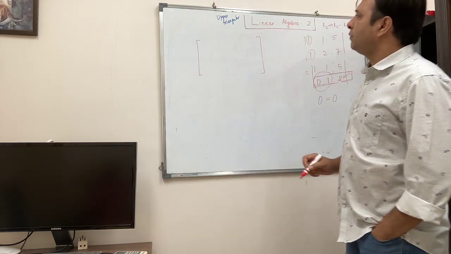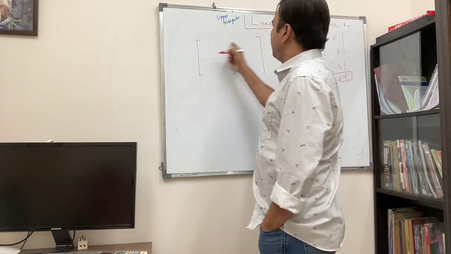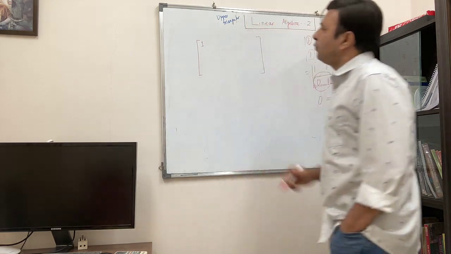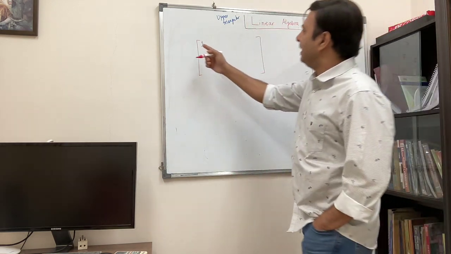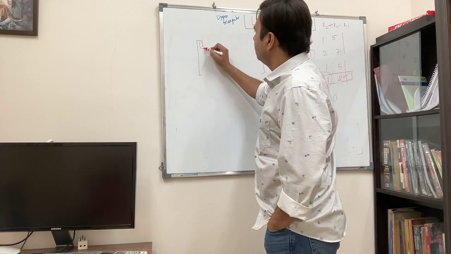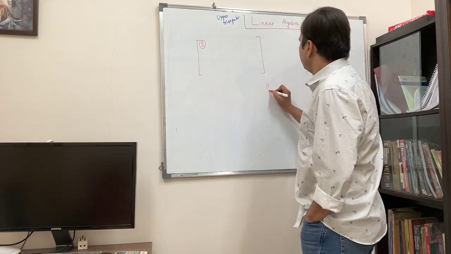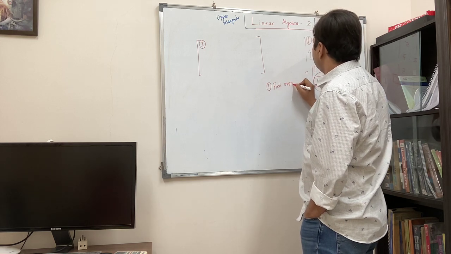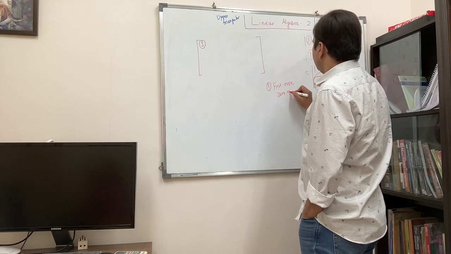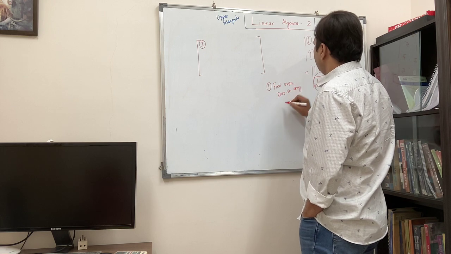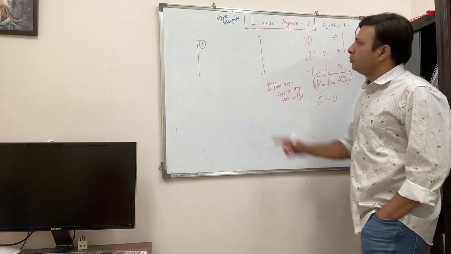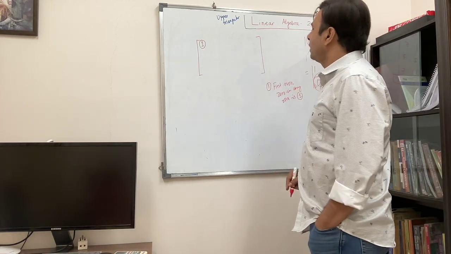The first non-zero element in the matrix, let's say this one is the first non-zero element. So the first non-zero element in any row is 1. Let's make some rules. First, the first non-zero in any row is 1. That is true so far.